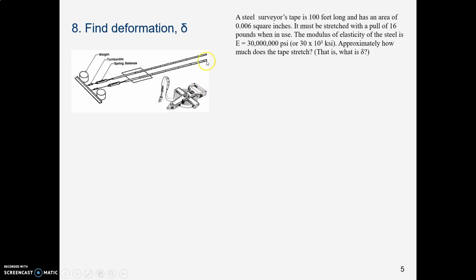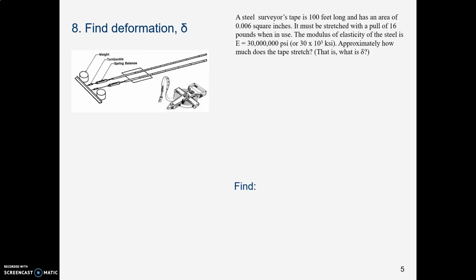To get a good measurement, we need to stretch this tape, and we put 16 pounds of pull on this tape when we're using it, and we know that the modulus of elasticity of this particular steel is 30 million psi. Question is, how much does the tape stretch? In other words, what is the deformation?